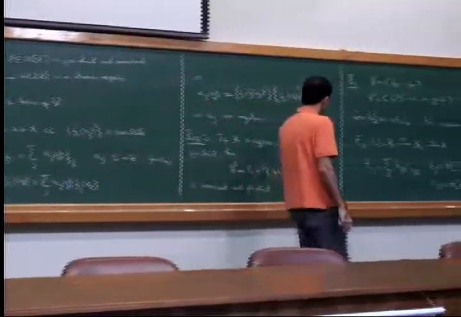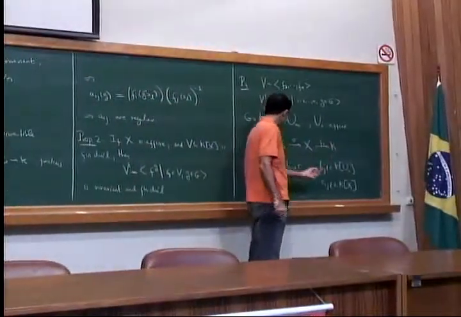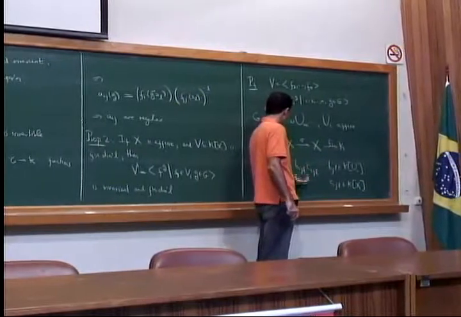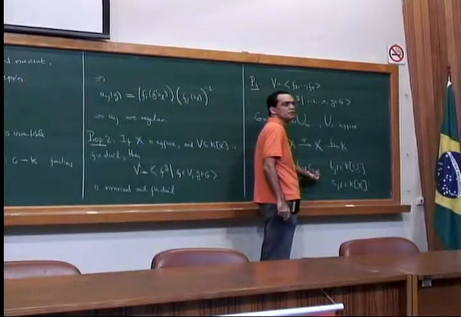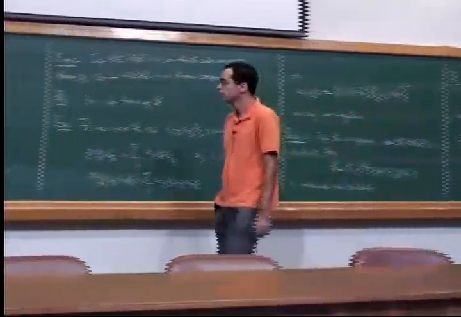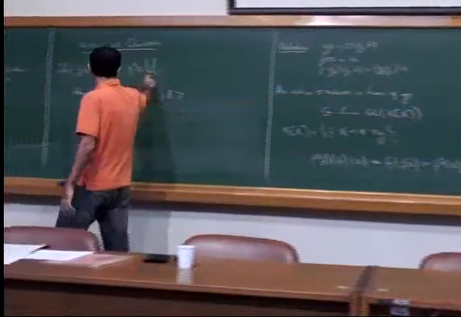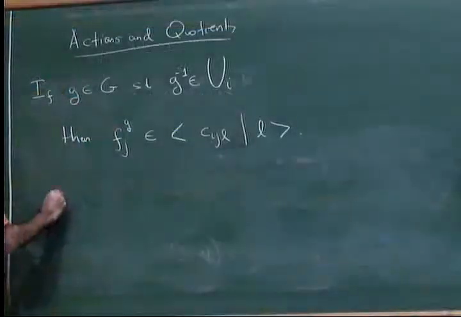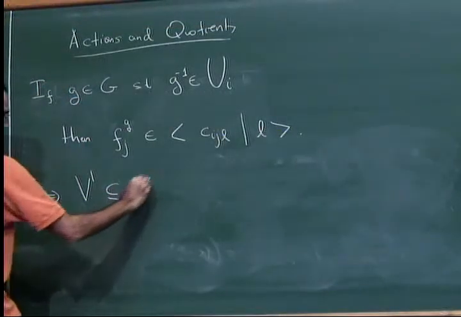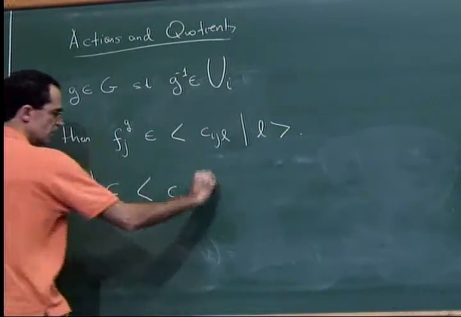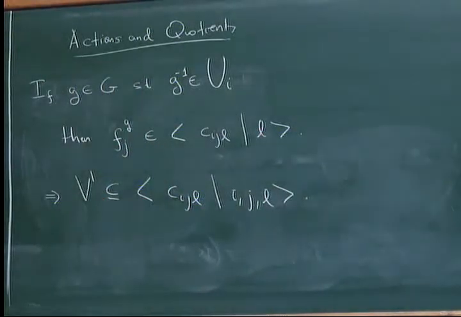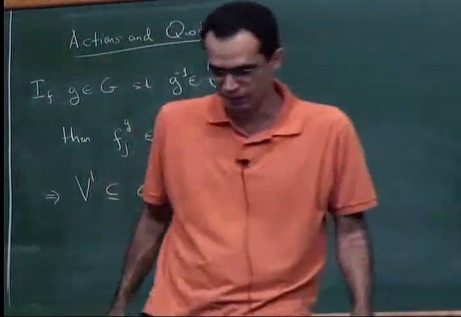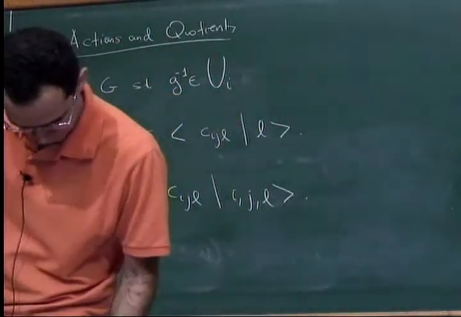So if g inverse is in Ui, we just apply this, and then we have here some elements in K, and then a linear combination of the Cijl. Okay? So as you have to run through a finite number of these Ui's, what you get is that the V prime is inside the span of the Cijl for i, j, and l running, whatever it has to run. Okay? So you get the finite dimensional there.